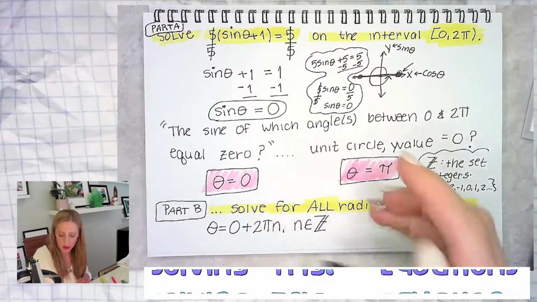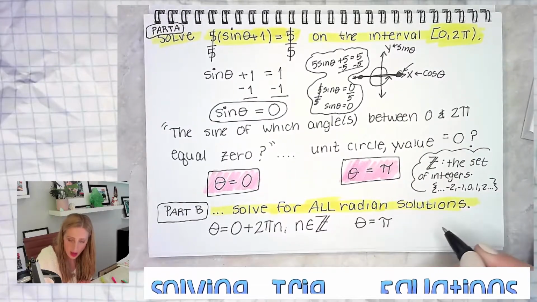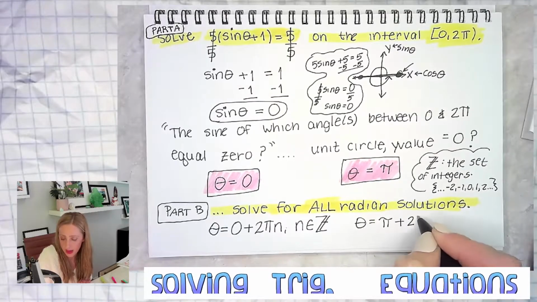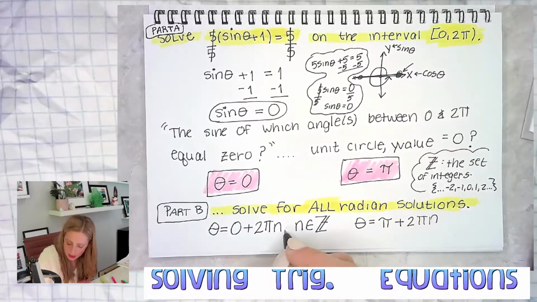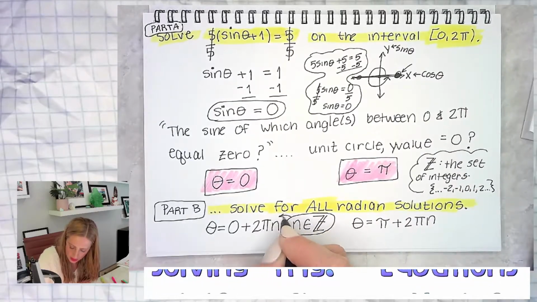Then we're going to do the same thing for this. Theta equals pi. I could do the same thing plus 2 pi n. And then maybe I just take this and I'll circle it and I'll say it goes with both answers.